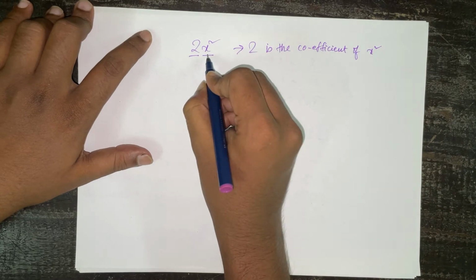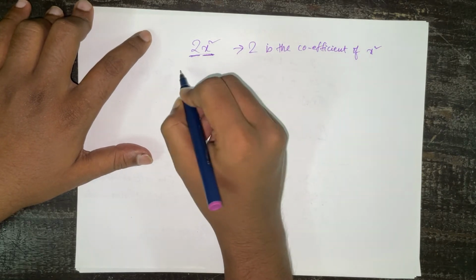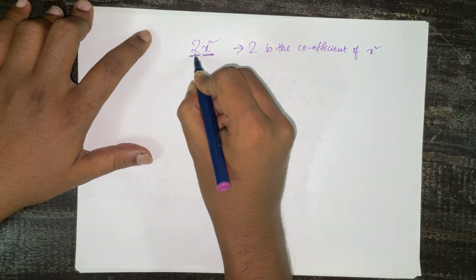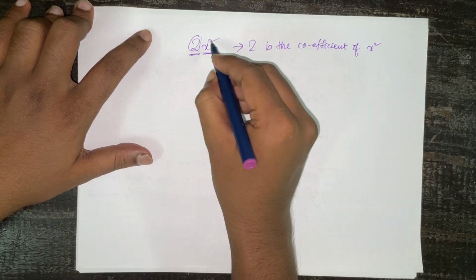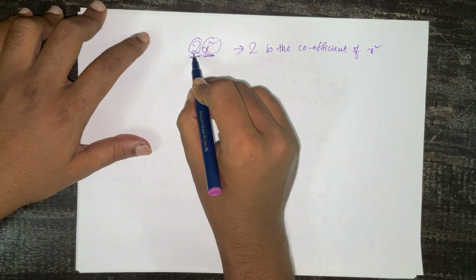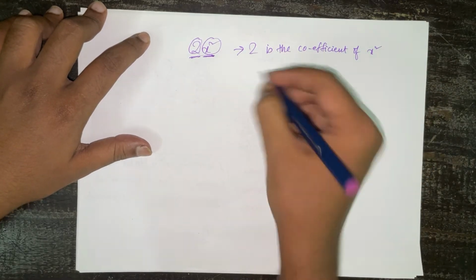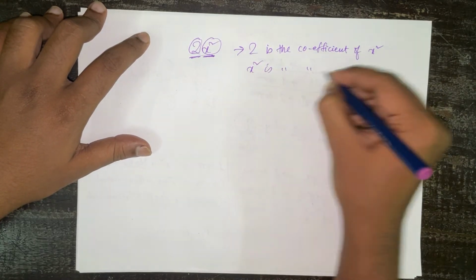If we have a single term, the constant is the coefficient of the variable. And not only this, in this case we have one single constant and one single variable. That's why we are writing 2 is the coefficient of x square. Also x square is the coefficient of 2.